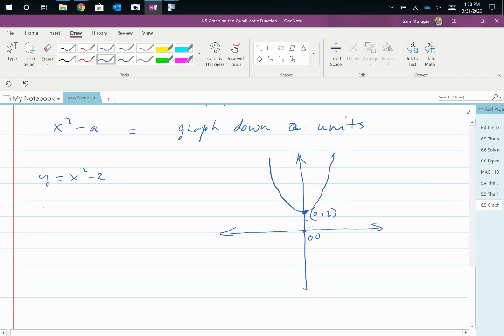Sorry, this is plus 2. Up 2. Vertex is at 0 and 2. The axis does not change. That vertical line going through the center is x equals 0. So the axis is x equals 0.